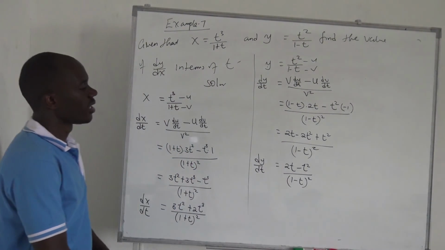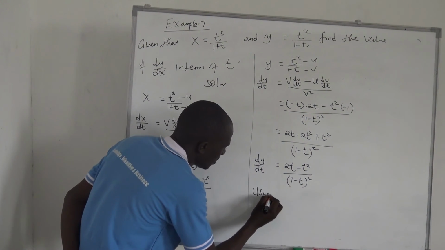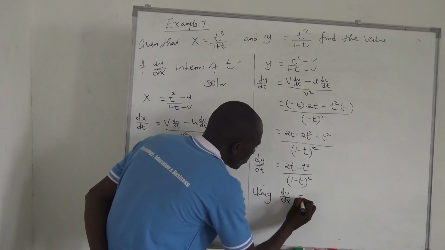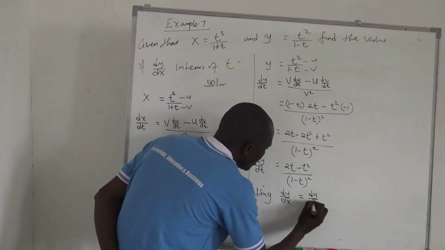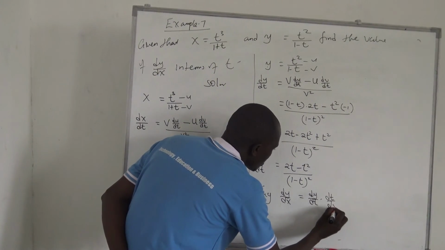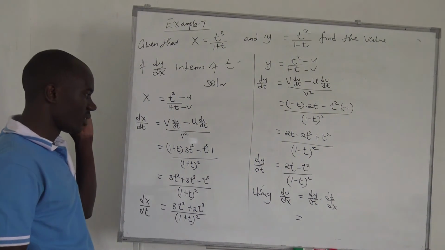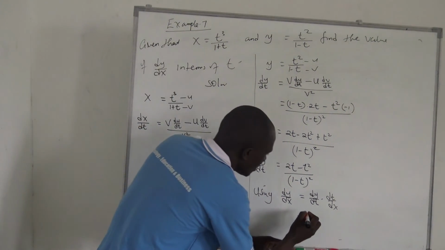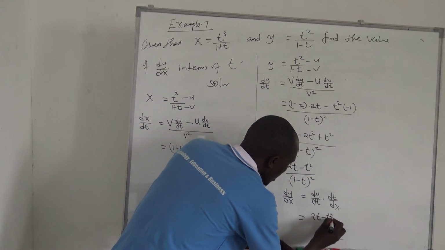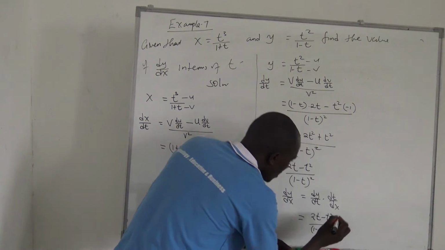Then we shall go ahead and use our chain rule. We shall say dy/dx equals dy/dt times dt/dx. So what is our dy/dt? Our dy/dt becomes 2t minus t squared all over 1 minus t, the whole of it squared, times.